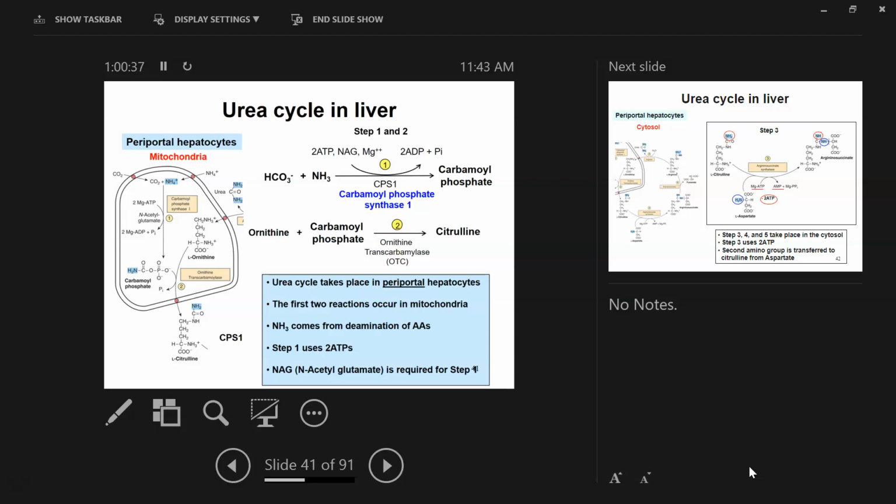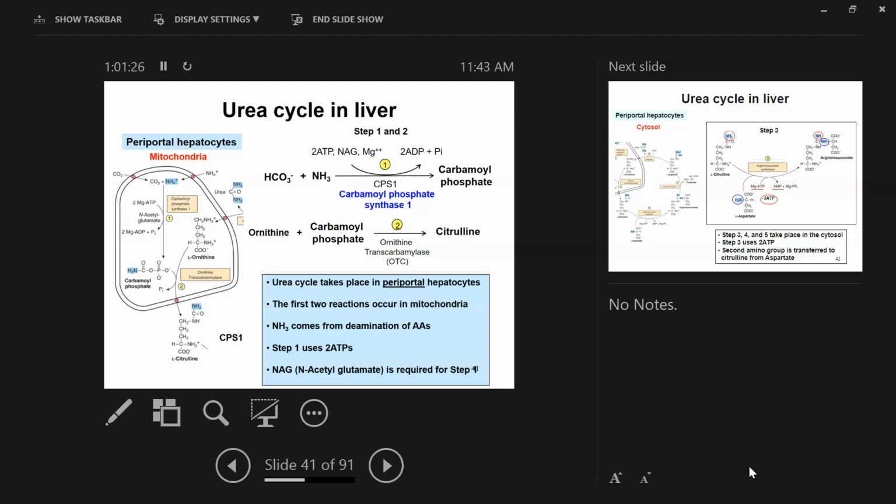Something that you need to remember for the first two steps of the urea cycle in the mitochondria. First of all, the urea cycle takes place in the periportal hepatocytes. And second, the first two reactions occur in the mitochondria. Ammonium comes from deamination of amino acids. Why do we need to do the deamination?